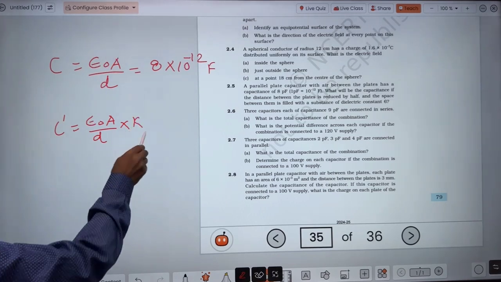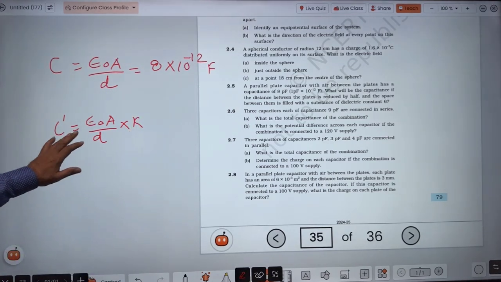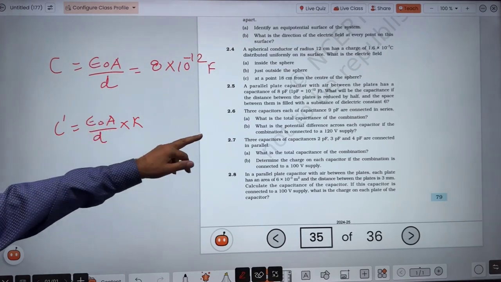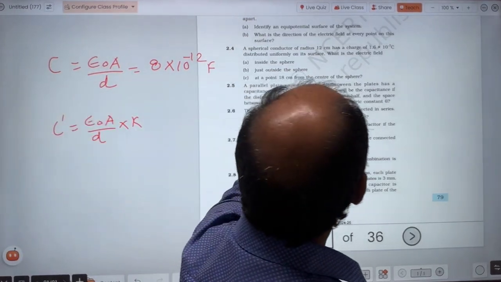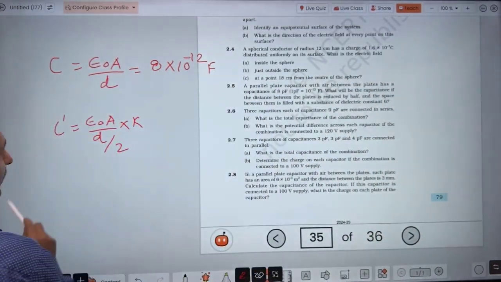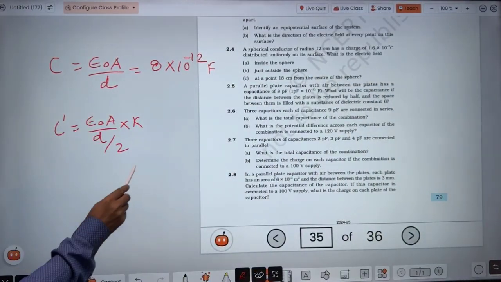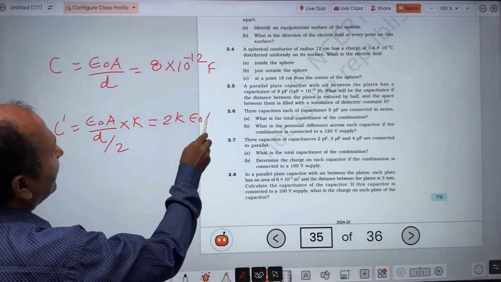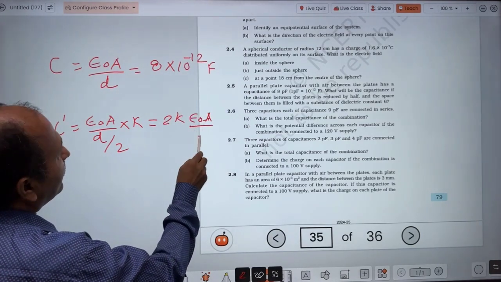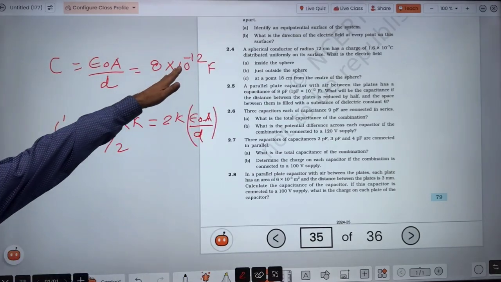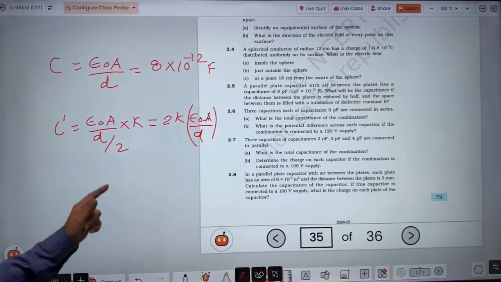So 2 into K. In our question, the value of K is given as 6. So put here 6 times 8 into 10 to the power minus 12 farad. Evaluate it, and if you want to keep this 10 power minus 12, then write farad. If you want to remove this, then picofarad. Otherwise, the way you like, you can write in terms of negative power, or in terms of nanofarad, etc. That depends on you.